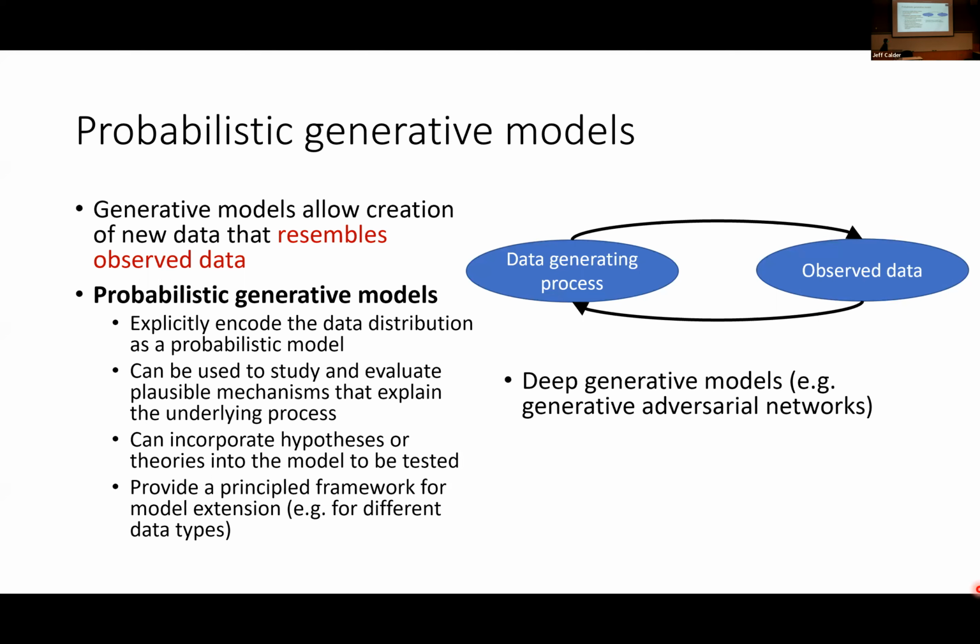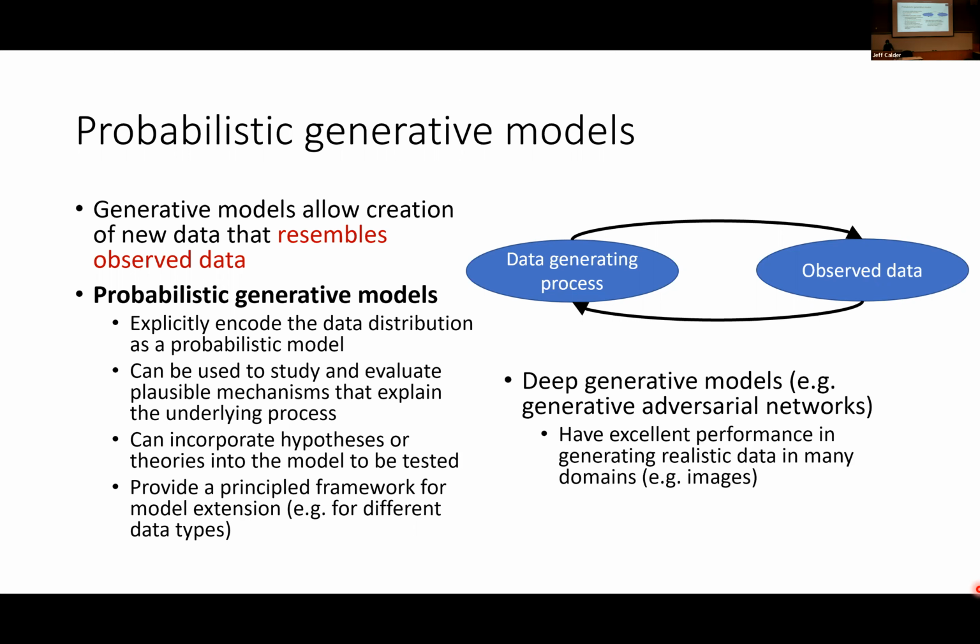Now, these days when I talk about generative models, I have to add a disclaimer. There's another class of generative models called deep generative models, for example, generative adversarial networks, or GANs. And the kinds of generative models I'm talking about here are different from these. They're both generative in that they can create new data that resembles observed data.